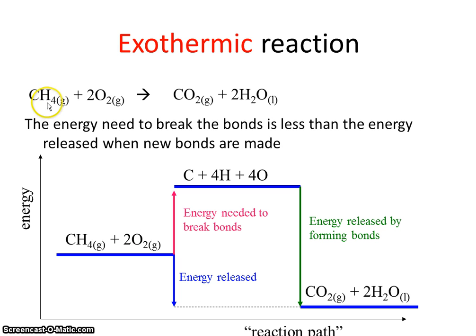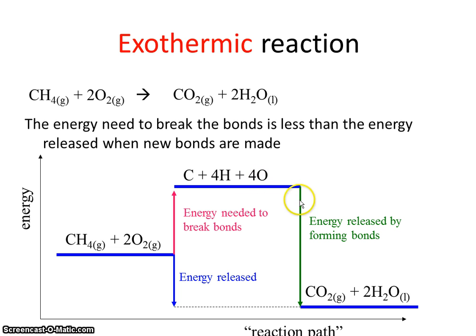This is an exothermic reaction, such as the combustion of methane, producing carbon dioxide and water. In this graphic, we see that the reactants, the methane and oxygen, have collectively this amount of energy. It requires some energy to break bonds, so now we have just carbon atoms, individual hydrogen atoms, and at one point individual oxygen atoms, because the O2 molecule must have been broken as well.